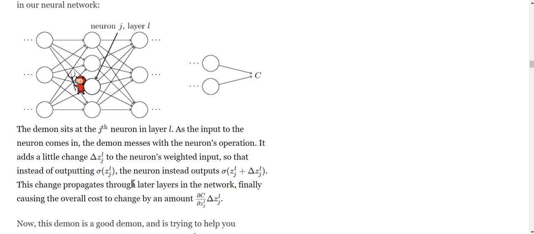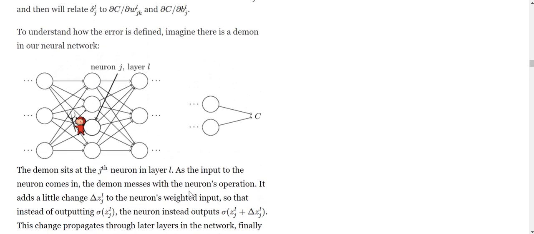This change propagates through later layers in the network, finally causing the overall cost to change by this factor. You might have seen such similar factors before, and you might be familiar with these sorts of expressions if you've studied error analysis in physics or somewhere else.